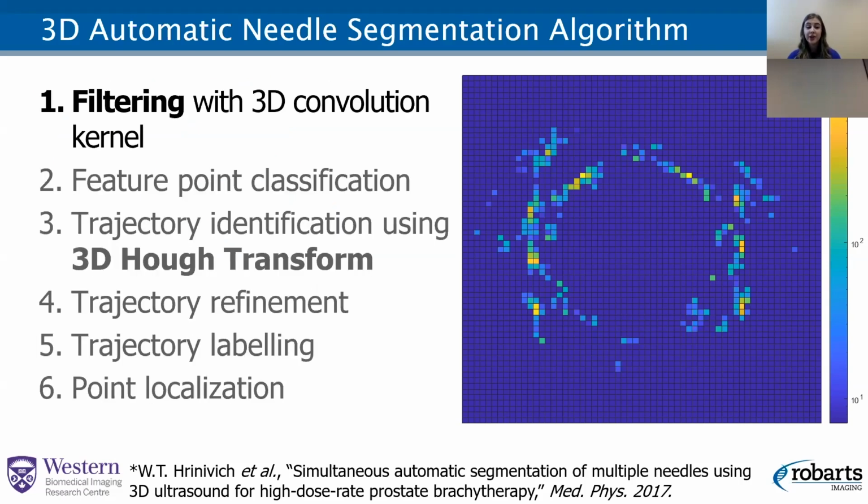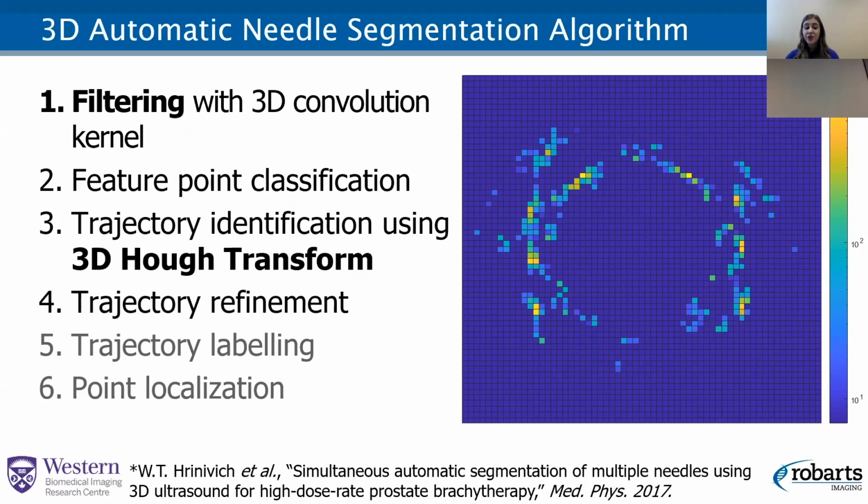And so briefly, this process uses a filtering step with a 3D convolution kernel to enhance any edges that are the same width as the expected needle. It then looks at the intensity peaks to generate potential feature points and identifies candidate trajectories using a randomized 3D Hough transform.